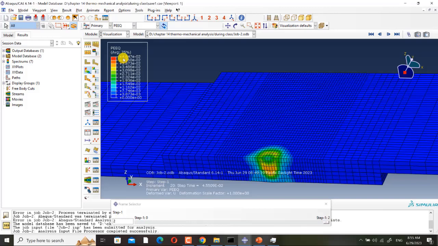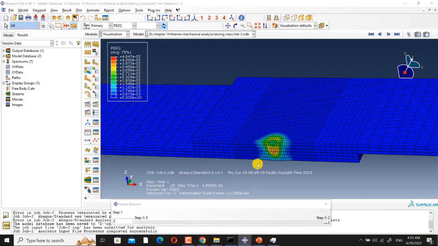If they are less than 0.1 through the analysis, 0.1 means 10%, as far as I remember, it is acceptable to be semi-coupled. But if it is more than 0.1, then it is not very acceptable.